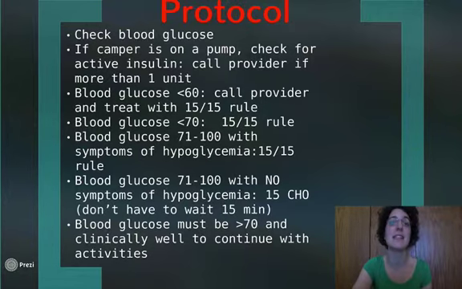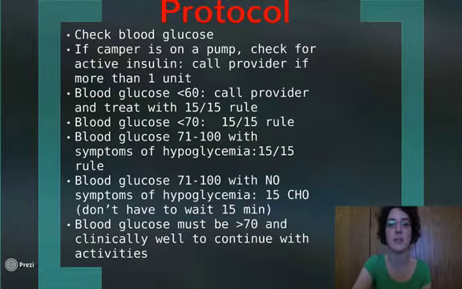If the blood glucose is less than 70, you don't have to call anyone. You can just do the 15-15 rule. If their blood glucose level is between 71 and 100 and they have symptoms of hypoglycemia, then we want to use the 15-15 rule, like we've already discussed. But if the blood glucose level is between 71 and 100, but they don't have any symptoms, this can sometimes come up if a child just randomly wants to check their blood glucose level, or if the rest of their cabin group is checking and they decide to check too.